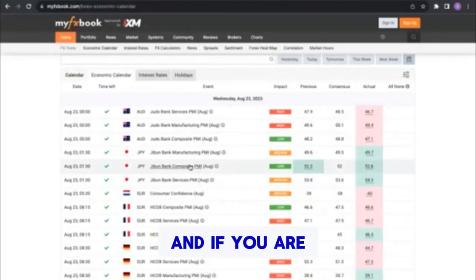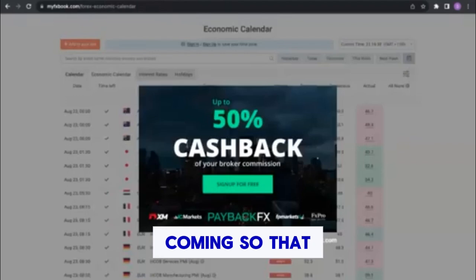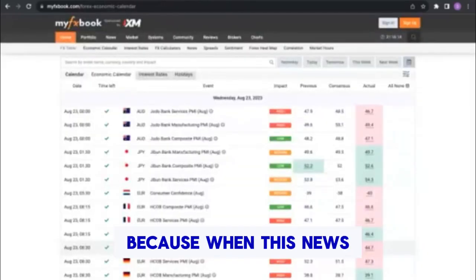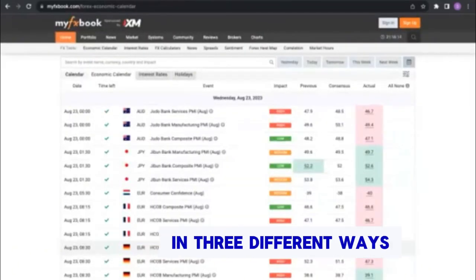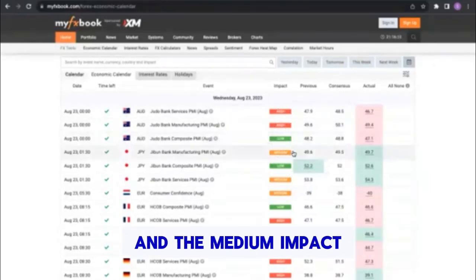And if you are a trader, you want to know before the start of the day what news will be coming, because the news is categorized in 3 different ways. We have the high impact news, the low impact news, and the medium impact news.